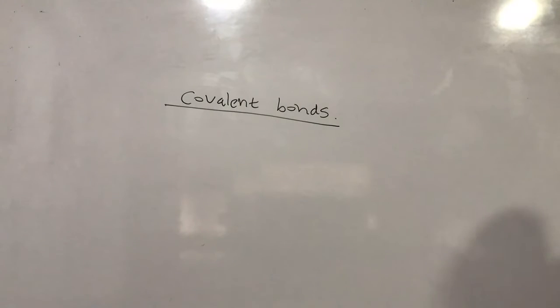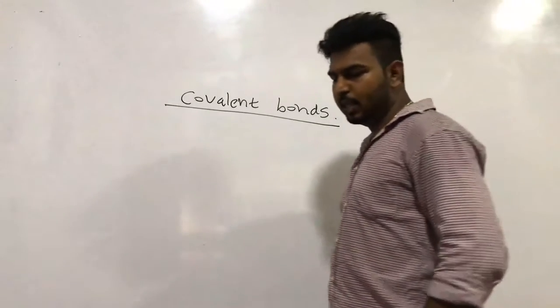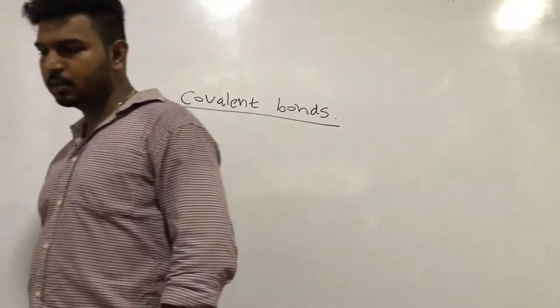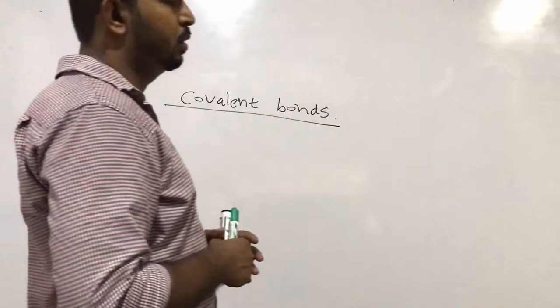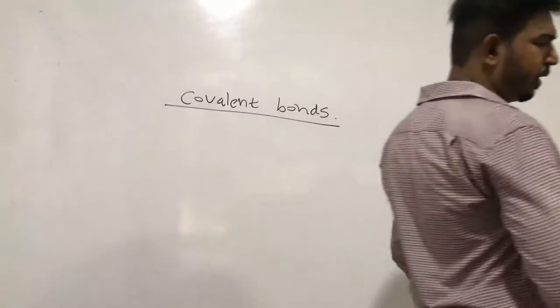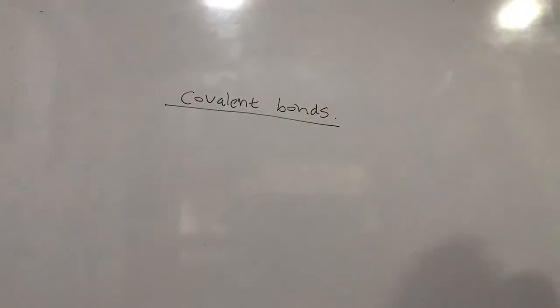Covalent bonds are formed in a way such that both electrons are common to both atoms.